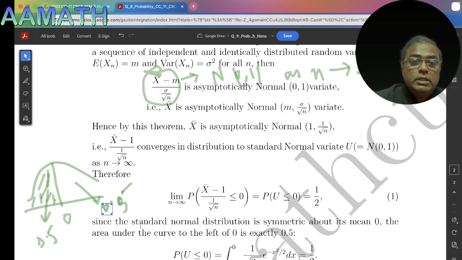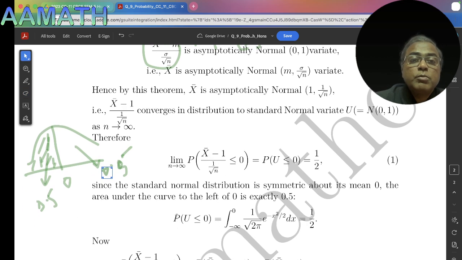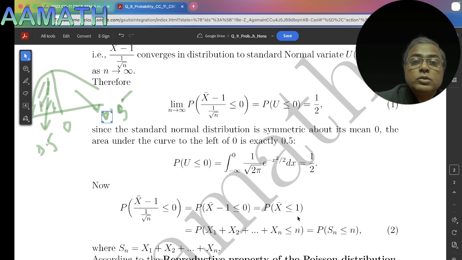So the probability of standard normal variate U less than or equal to 0 is the area under the density curve from minus infinity to 0 of 1 by square root of 2 pi, e to the power minus x square by 2 dx, which equals half.